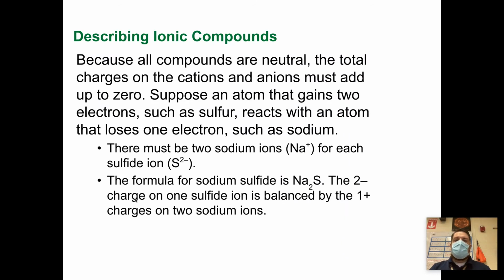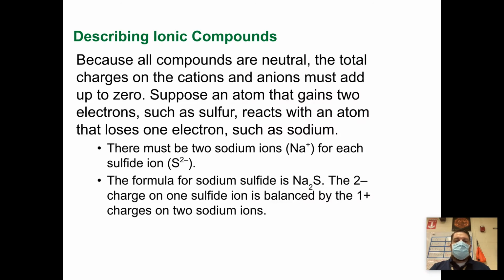So because all the compounds are neutral, the total charges of the cations and anions must add up to 0. Suppose an atom that gains 2 electrons, such as sulfur, reacts with an atom that loses 1 electron, such as sodium. There must be 2 sodium ions for each sulfide ion.